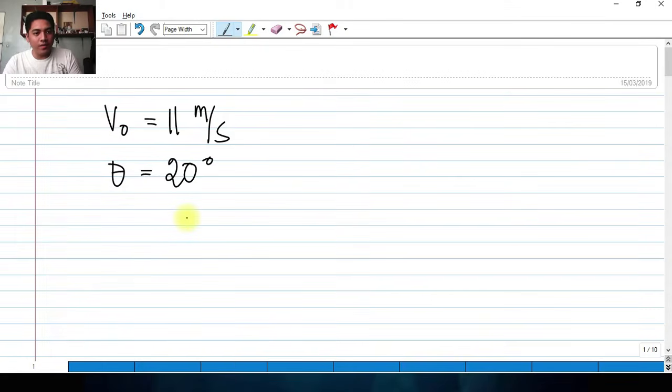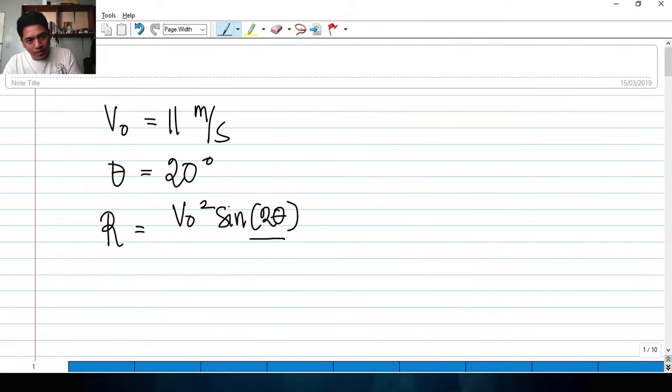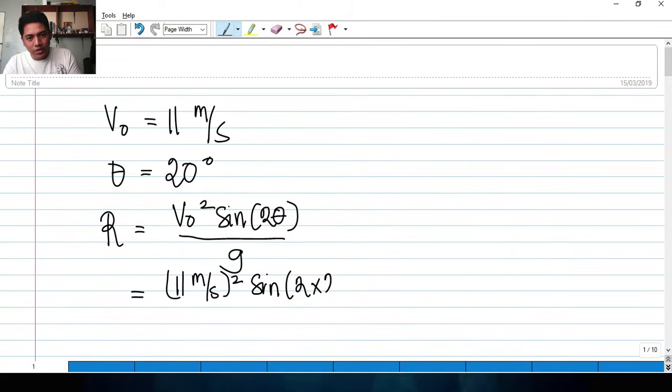So we can calculate the range by our equation v naught squared sine 2 theta divided by g. So v naught is 11 meters per second, squared, sine of twice the angle, which is 20 degrees, divided by 9.81 meters per second squared.